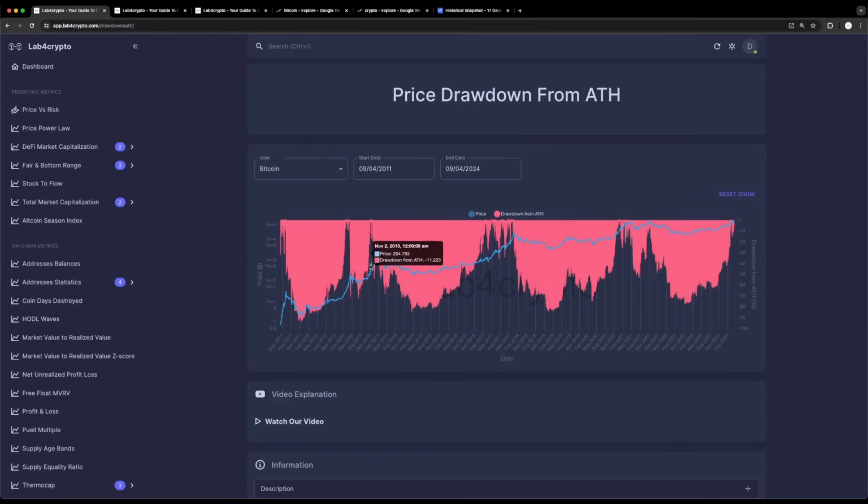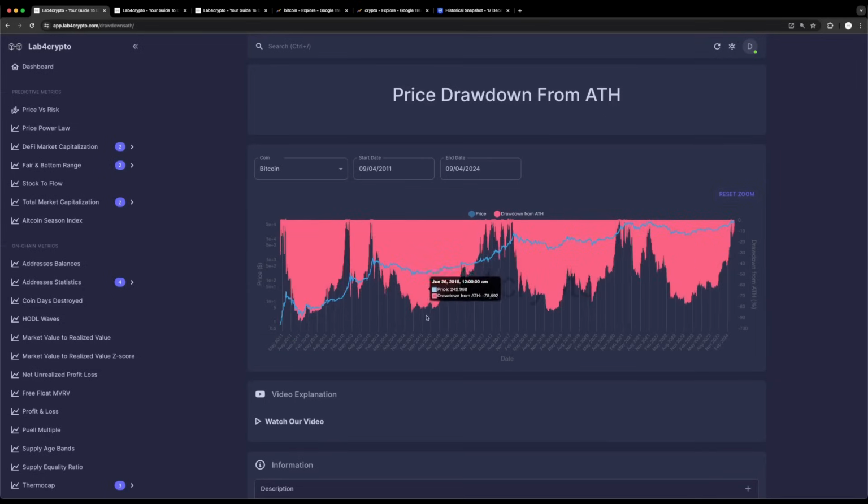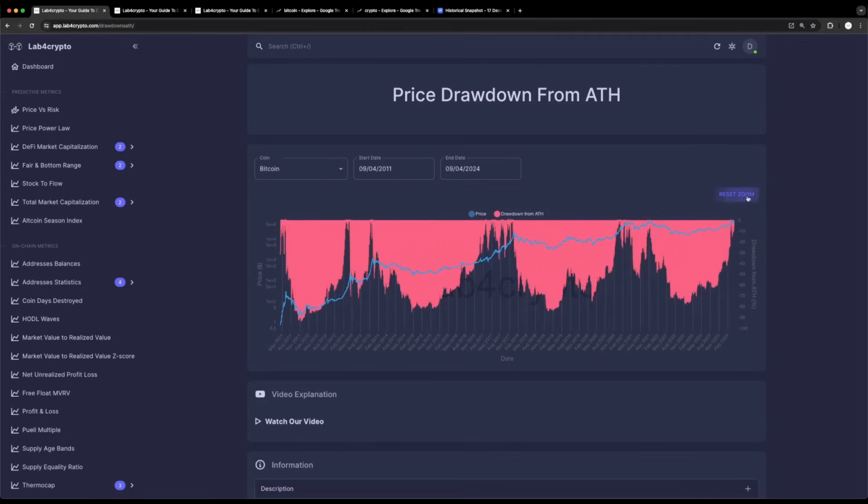If we mouse over the double peak of Bitcoin in 2013, again, Bitcoin had its all-time high in December 2013, and it went to 1.1k, and then it dropped to, let's mouse over again, $175, a roughly 85% drop. Then again in 2017 it went to 19.25k.